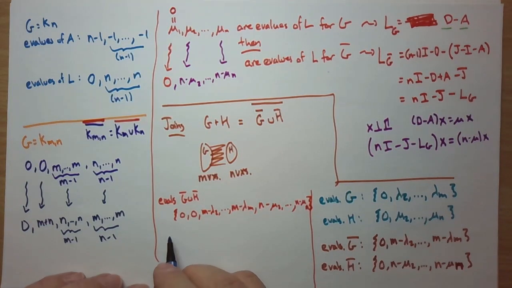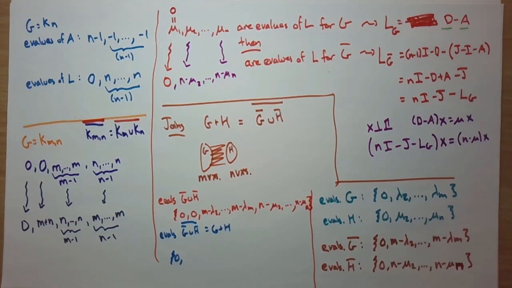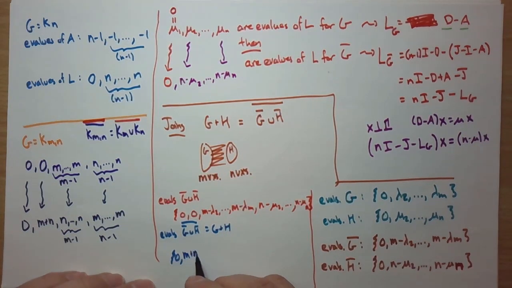Complement. Okay, so the first 0 stays 0. So we have 0. The second 0 becomes m plus n, because we have m plus n vertices. Now the next batch, what will happen to those? We're going to take m plus n, subtract m minus the lambda, but does that simplify?